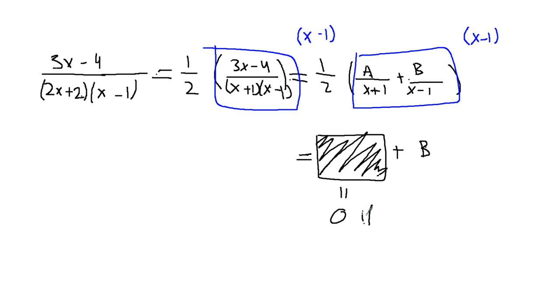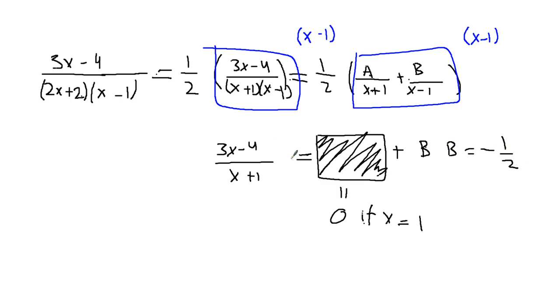So this is covered up, equal to 3x minus 4 over x plus 1, since x minus 1 is gone. No, I mean this is 0 if x is equal to positive 1. There you go. So we put 1 in there, and then we get b is equal to negative 1/2.